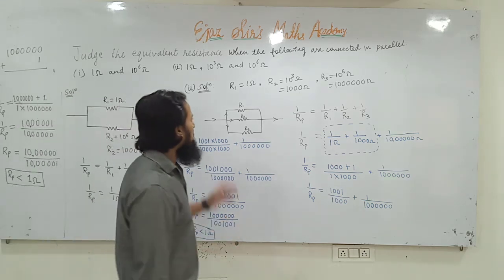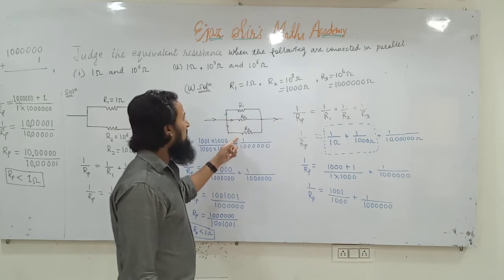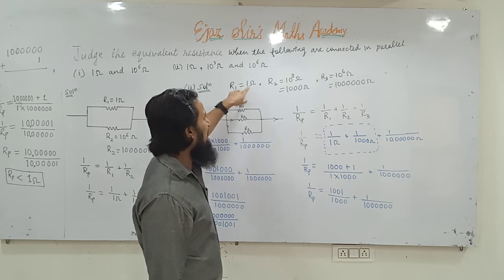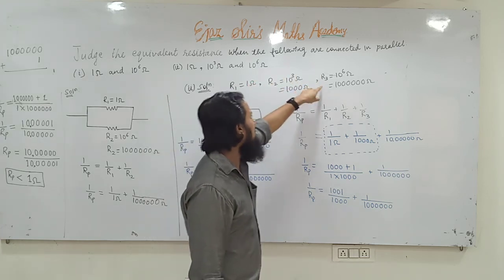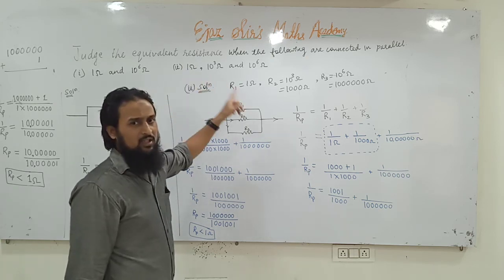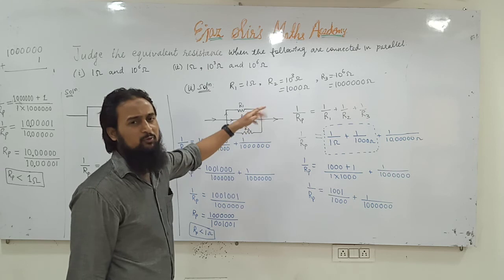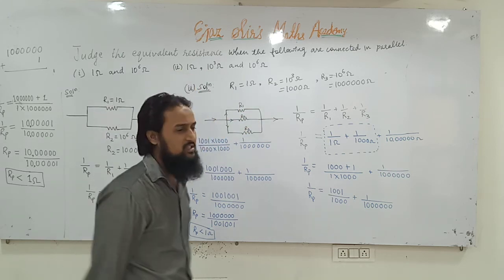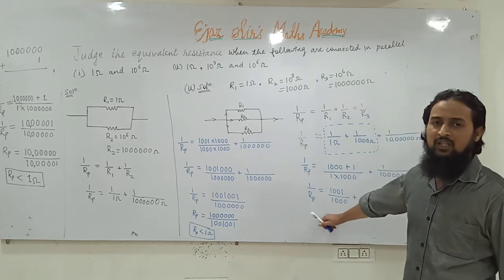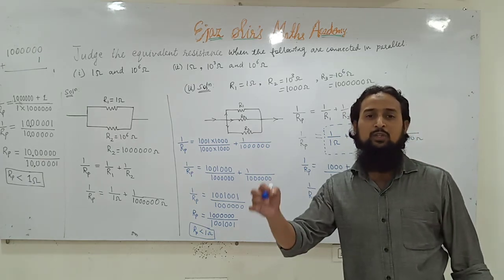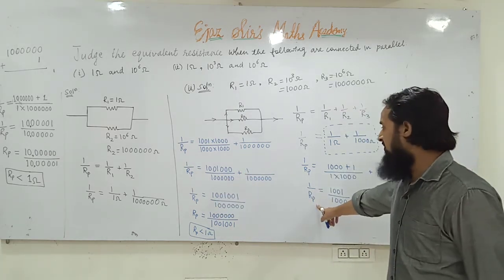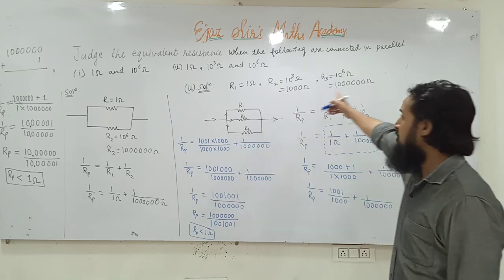Always remember, whenever resistors are connected in parallel, the resultant resistance will be less than R2, less than R3, and less than R1 also. Rp is always less than R1, R2, R3, R4, R5, whatever the number of resistors. The resultant of a parallel combination is always less than each individual value.